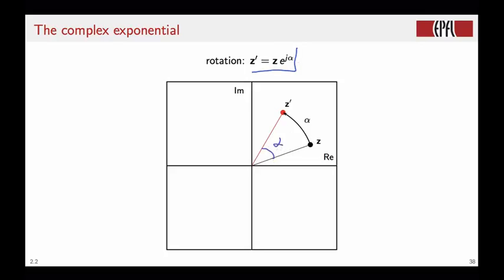So rotation amounts to multiplying with a complex number which is of unit norm. So a complex number of the form e to the j alpha. So you can see that a relatively complicated operation on the complex plane, which is moving from here to z prime, is actually very simple in this algebra using complex exponentials.